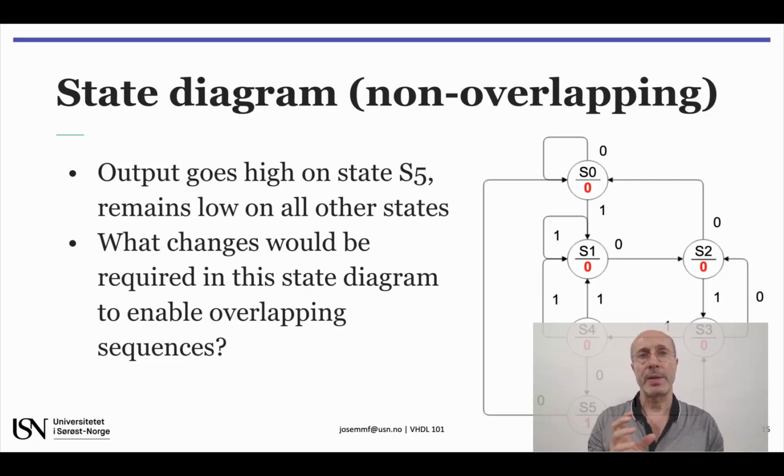The tricky part, as I said a while ago, is to convert the initial functional requirement into this formal behavioral representation of the circuit. You may try to do it yourself to realize the challenge, and you may also try to modify this diagram to accept overlapping sequences. It will be an interesting and fruitful example.